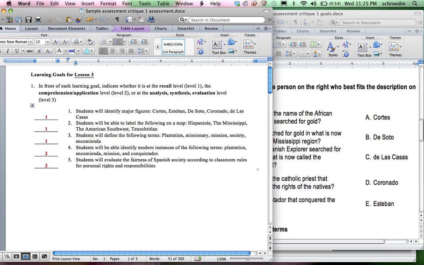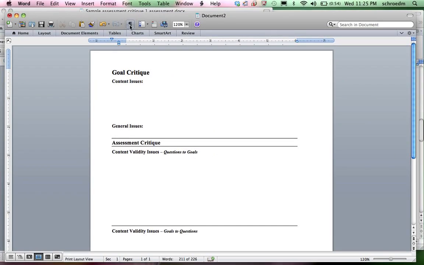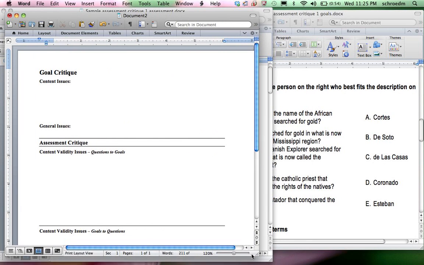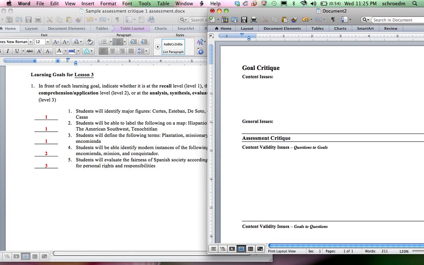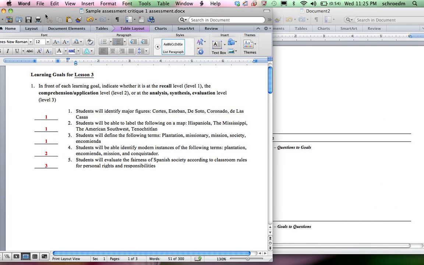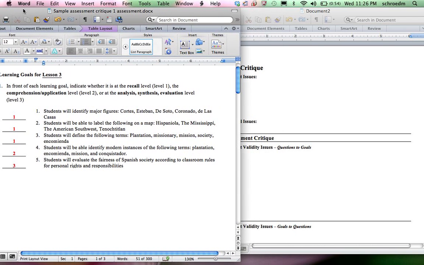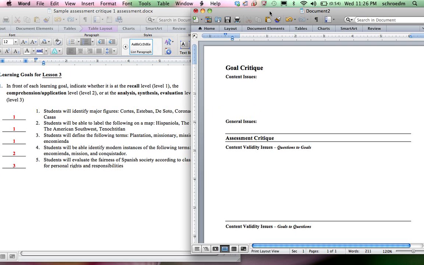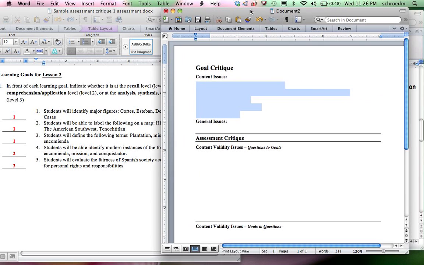Now, when I'm looking at these things, the goal critique is going to consist first of content issues. If I'm looking at my goal or my set of goals and comparing them to the overall content of lesson 3, I look at the first one and I say, does this goal represent really what is in lesson 3?